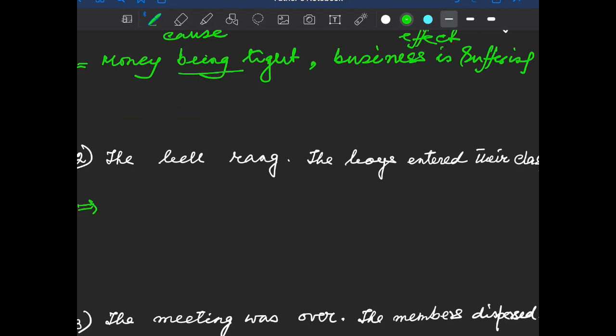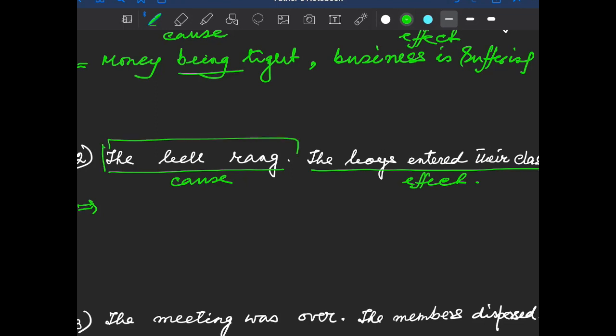Next answer, the bell rang. You see, this is the cause and this is the effect. We will keep the effect, you know, and we will turn this into a nominative absolute or absolute phrase. See, the bell, no be verb there, so take on having. The bell having, past participle of the verb rang, rung.